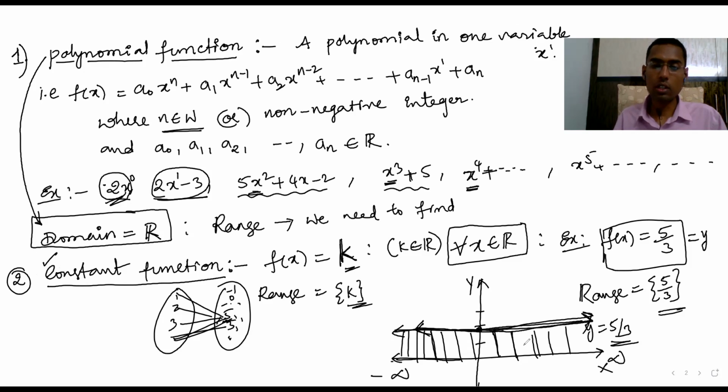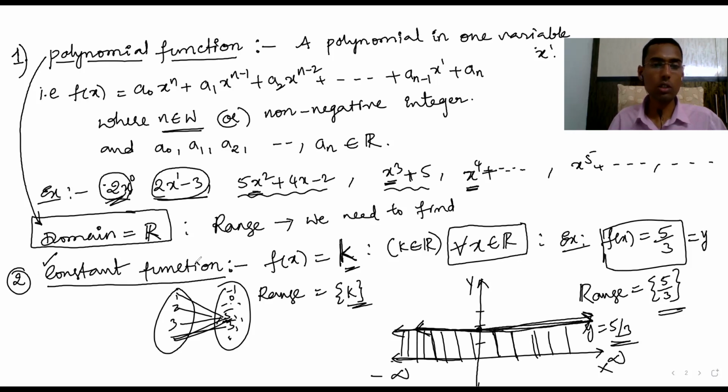The graph is a straight line, horizontal, parallel to the x-axis.